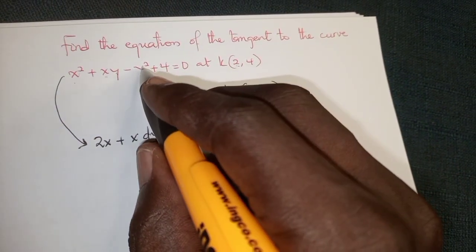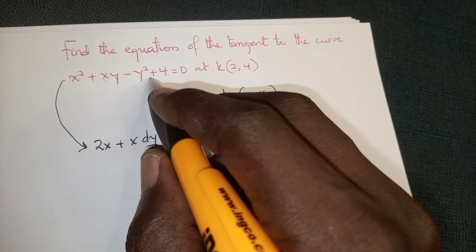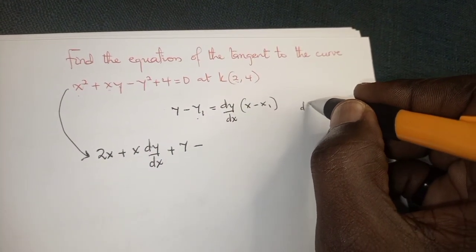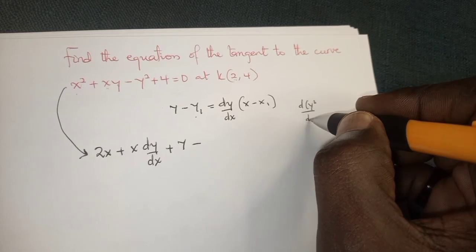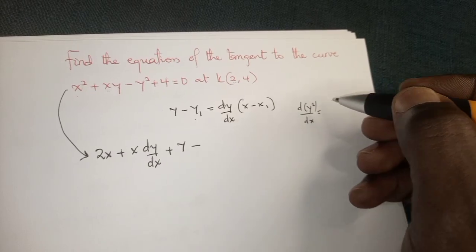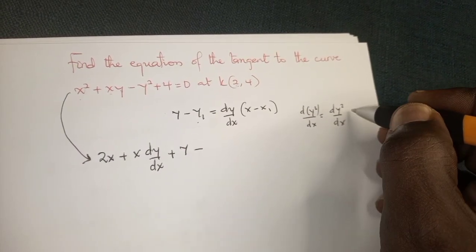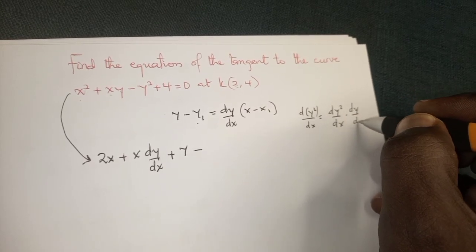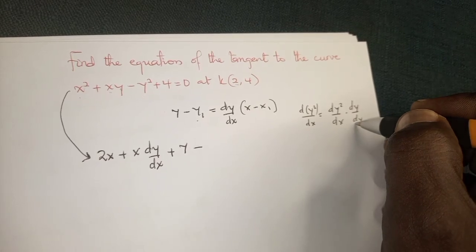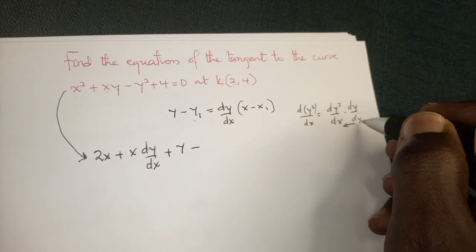Minus, differentiating y squared in terms of x will not be possible directly, so you multiply through by an identity, that is, dy squared times dy on dy, so you have y squared in terms of x. So we take the dy here and the dx there, so you'll be having dy squared on dy.